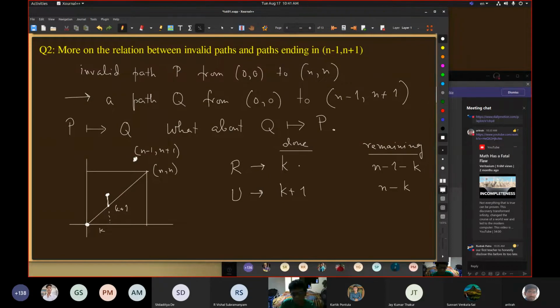So the total number of right movements will be k plus n minus k, which is n, and the total number of up movements will be k plus 1 plus n minus 1 minus k. The k plus 1 cancel, so I will end up at (n, n). So after this crossing, you simply flip the path: right means up, up means right. And then the total count becomes (n, n).